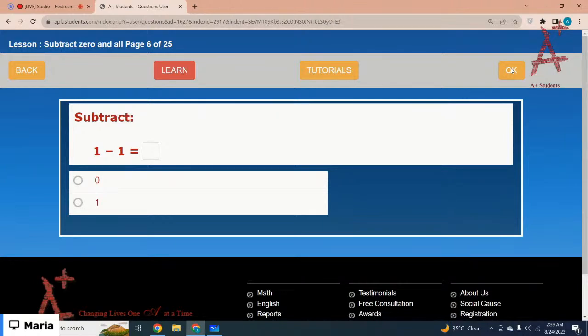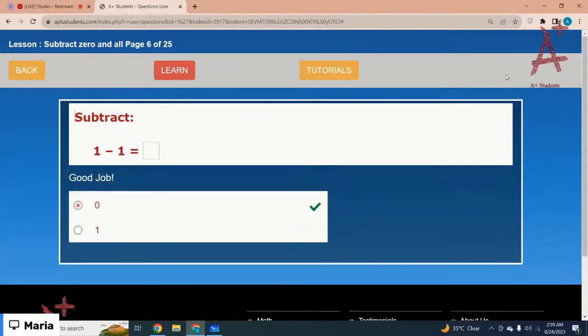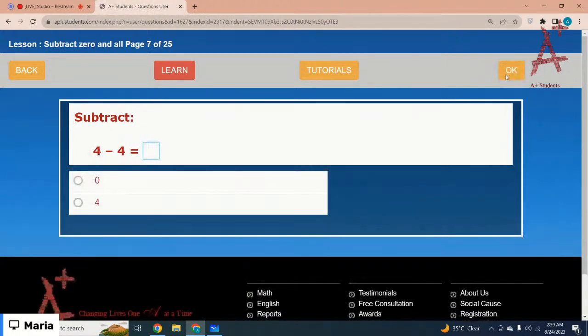Subtracting a number from itself is always 0. 4 take away 4 is 0. 3 take away 3 is 0.